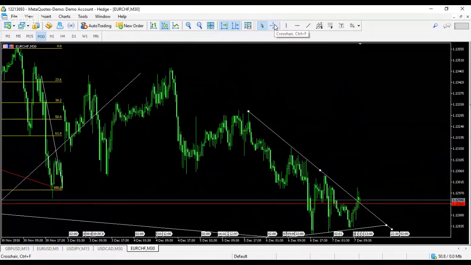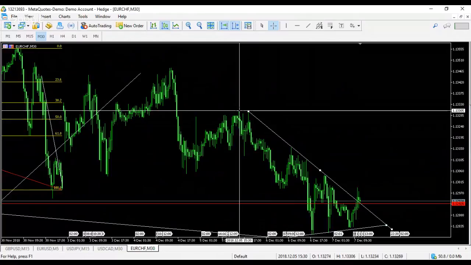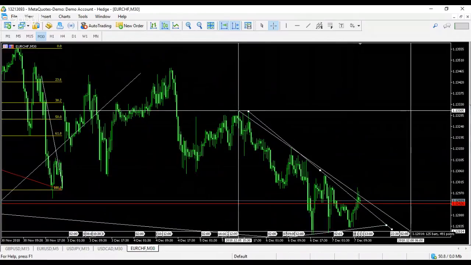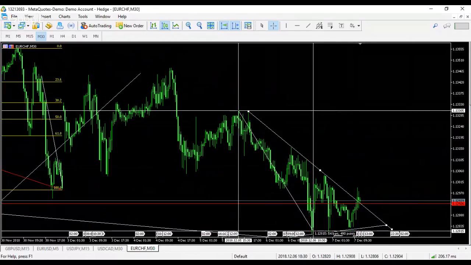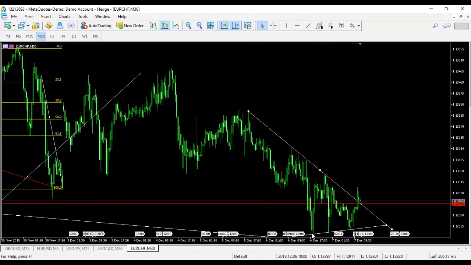When you calculate the pips, you come to the crosshair, and then you simply drag from the highest point to the lowest point, and it gives me 498 points, and that is fair enough for one to make good profit. So very good.